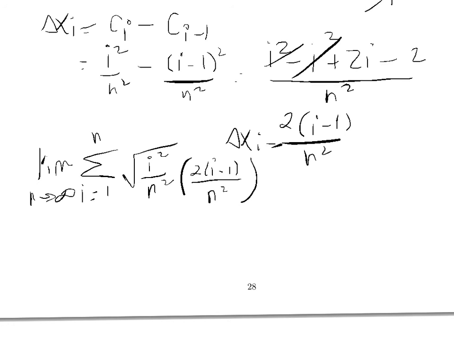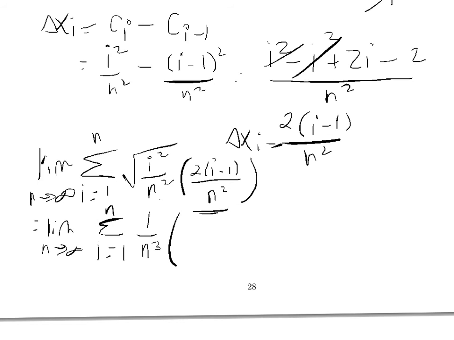Now simplifying, the limit as n approaches infinity of the sum from i equals 1 to n. The square root turns this into just i over n, and then we've also got this n squared here. So n times n squared on the bottom gives us 1 over n cubed out front, that's a constant.